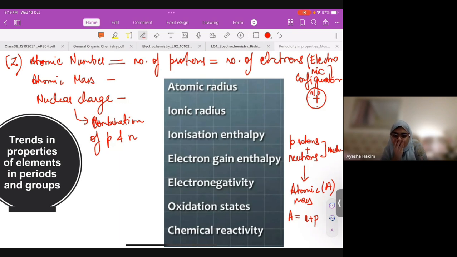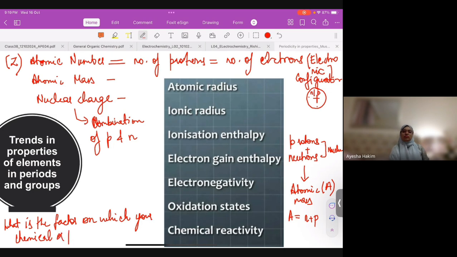What is the factor on which the chemical property of an element depends? Chemical or physical property, I can say. Not physical, but chemical property will depend.